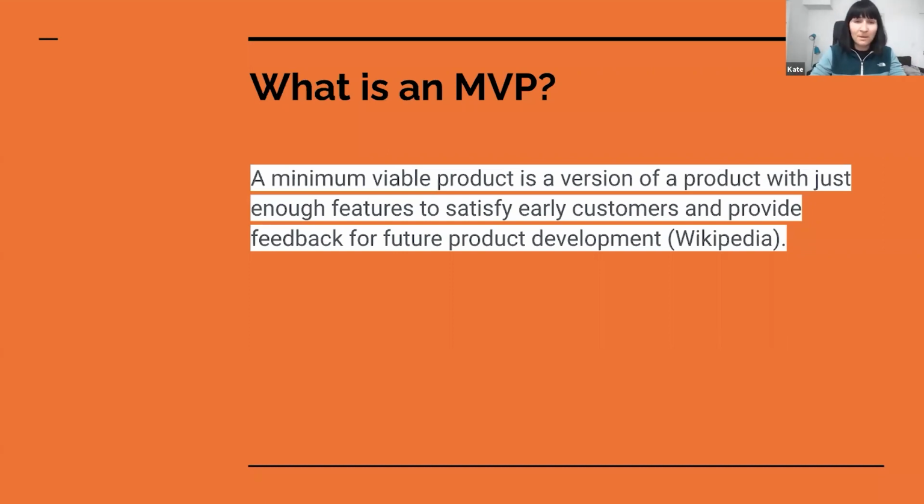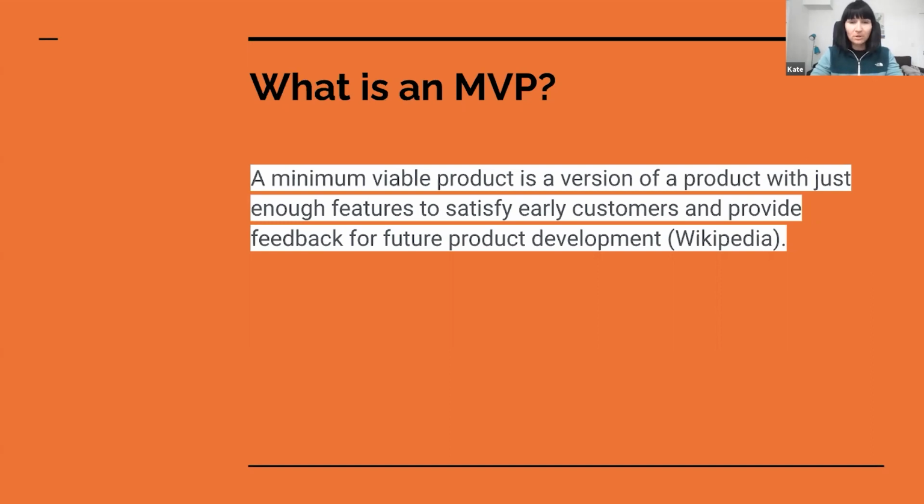So that's the idea, and you'll see in the future slides that it doesn't need to be related to just startups or lean development. You can apply MVP concepts to a lot of things.